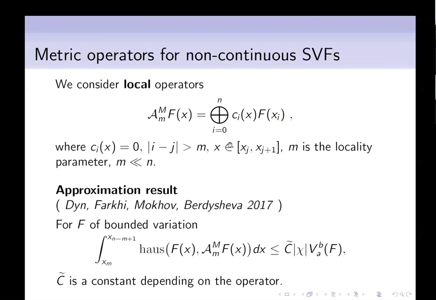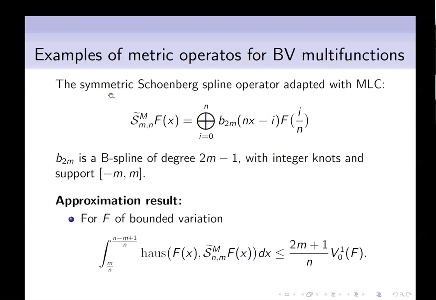This operator is symmetric, so we consider symmetric Schoenberg spline operators. It is our definition with metric linear combination. And that is what we have for functions with bounded variation for this operator, with our estimates.